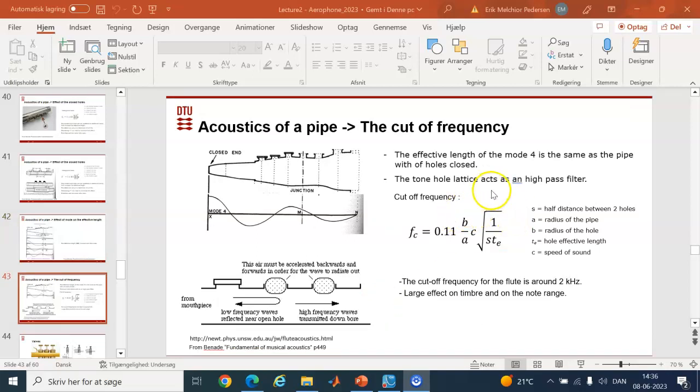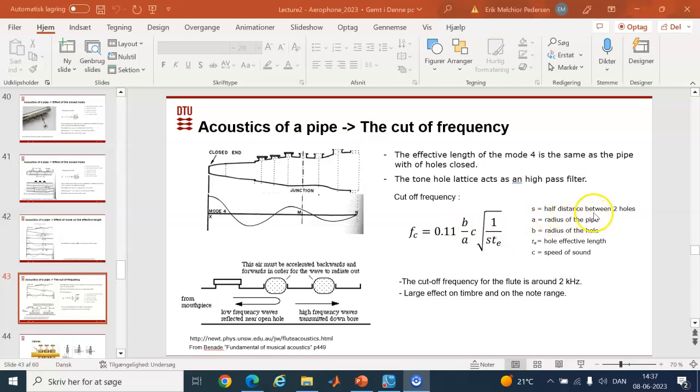The tone hole lattice acts as a high pass filter. So that means there is a limit for high frequencies. There is a cutoff frequency. I think it's this formula: FC equals 0.11 times B divided by A times C times the square root.